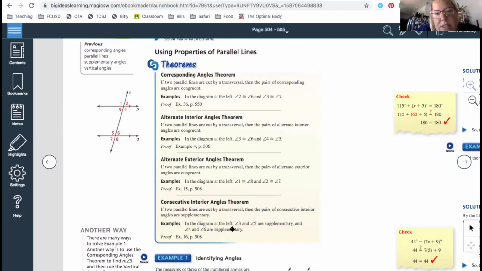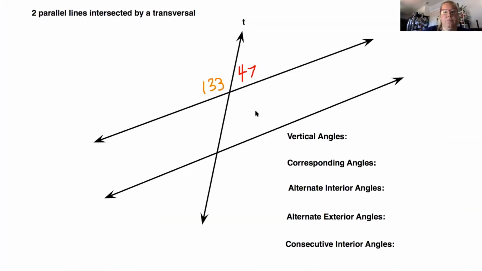Now, where things are different is the consecutive interior angles. So we have these two, they're a linear pair. They're two angles on a line that make up the whole line. A whole line is equal to 180 degrees, okay?